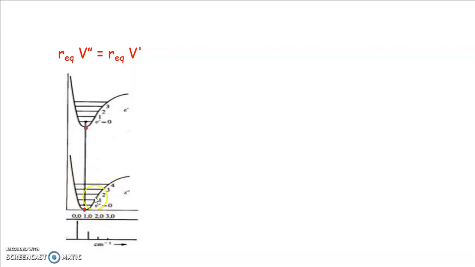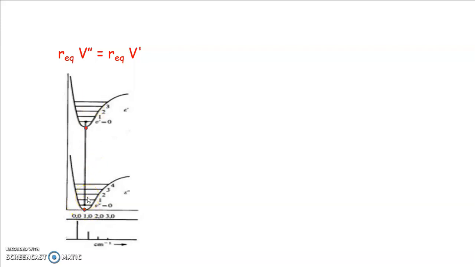That is, the excited state lies on the exact top of the ground state. Quantum mechanically, it is known that the molecule is in the center of the ground vibrational level of the electronic state. It's always like that according to quantum mechanics.